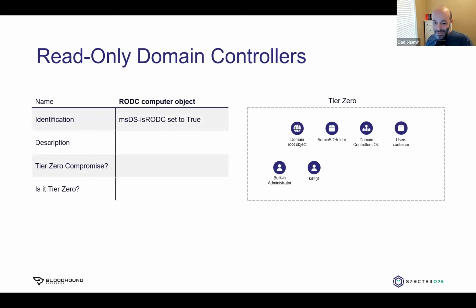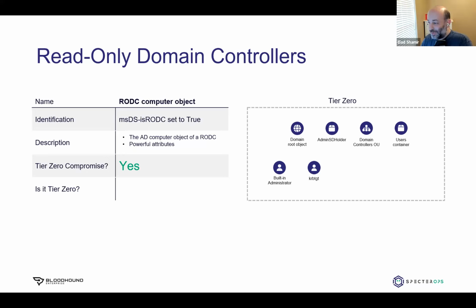All right, so let's start with the RODC computer object. The password replication policy of the RODC is stored in the attributes of this object. So if you can control this object, you can modify these attributes, change the password replication policy to allow the replication of a domain admin, and compromise the domain.